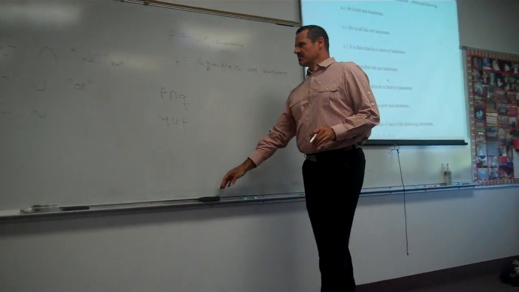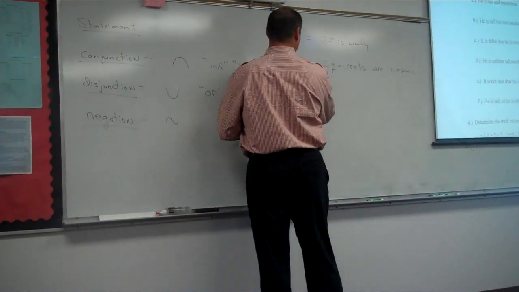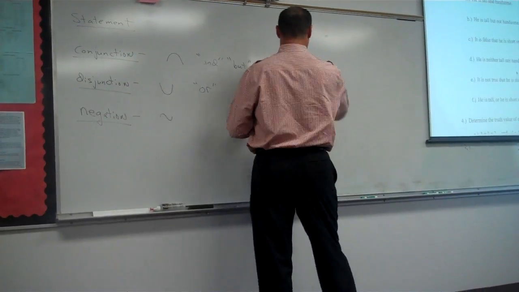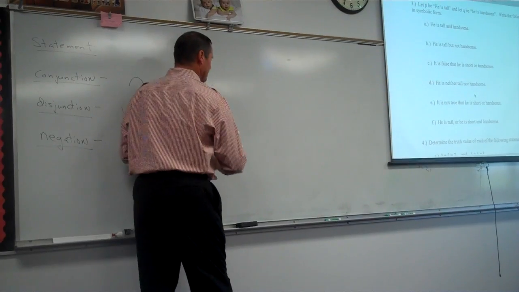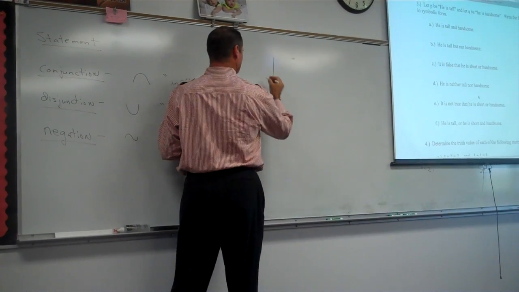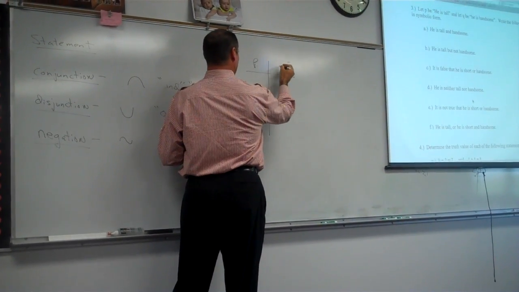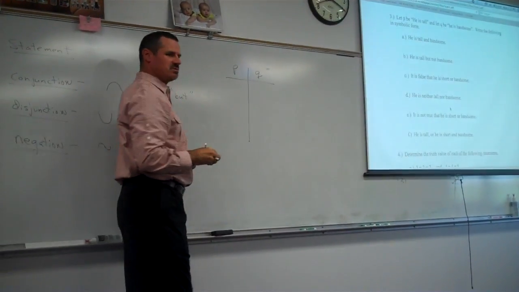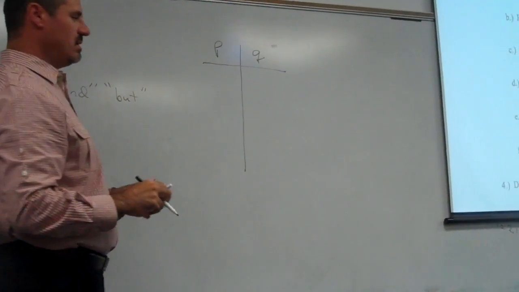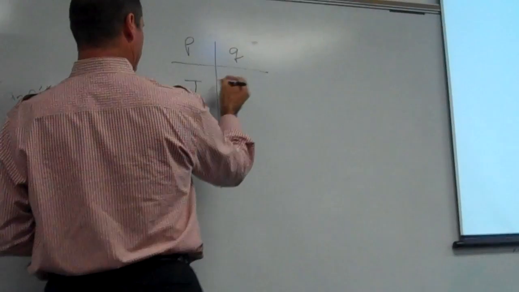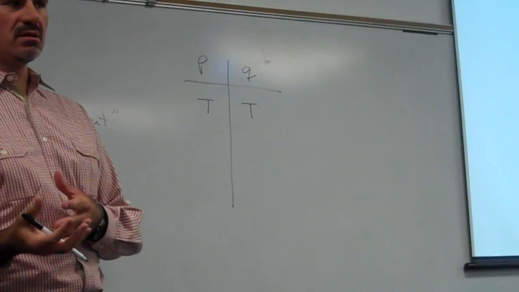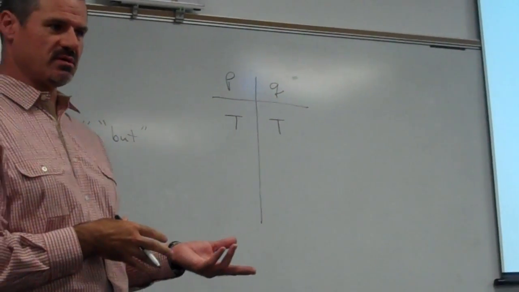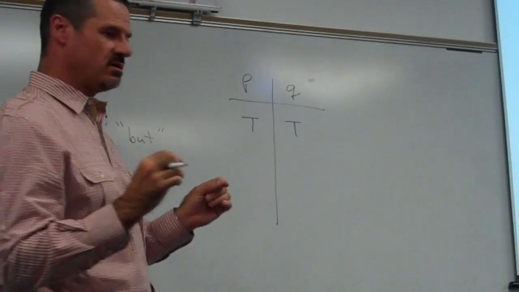All right, now I'm going to do something called the truth table. Two statements, P and Q. P could be a true statement. Q could also be a true statement. That's one possibility.